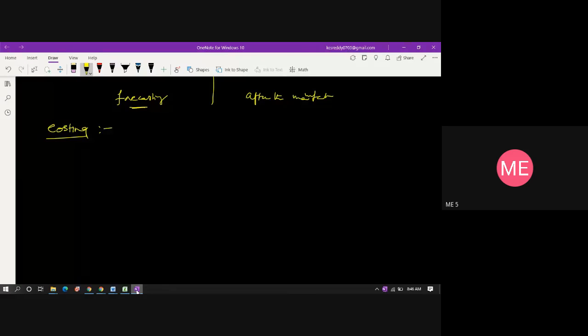Estimation and costing. We know what estimation is, what the elements of estimation are, and how we can conduct the estimation. All this we discussed. So what is costing here?